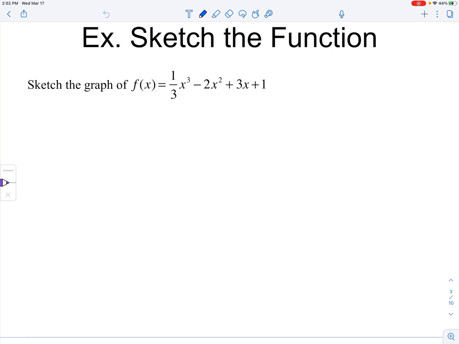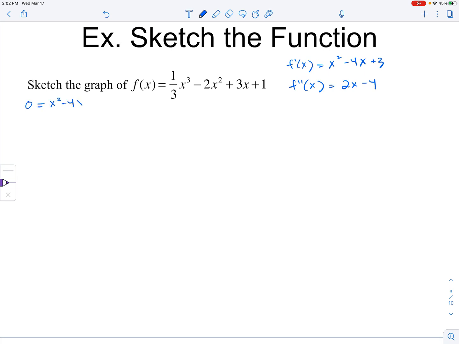So we're going to look at this first polynomial function. And we first want to identify what the first and second derivative are. So just using power rule, we would have x squared minus 4x plus 3 for the first derivative. And then the second derivative would be 2x minus 4.